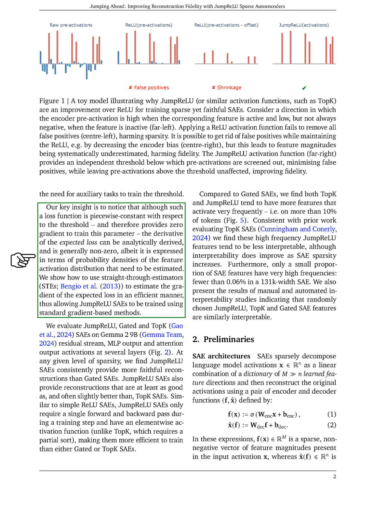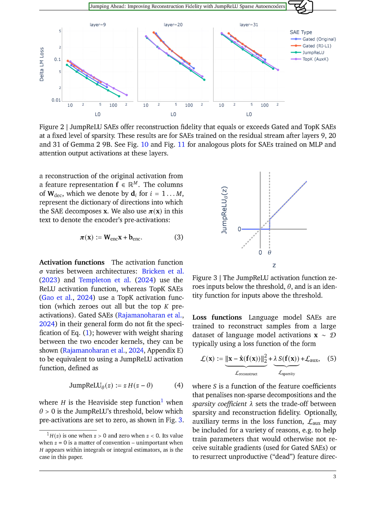We evaluate JumpReLU, gated, and top-K SAEs on various activations from the Gemma 2 9B model, including the residual stream, MLP output, and attention output across several layers. Our findings show that, at any given level of sparsity, JumpReLU SAEs consistently yield more faithful reconstructions compared to gated SAEs.